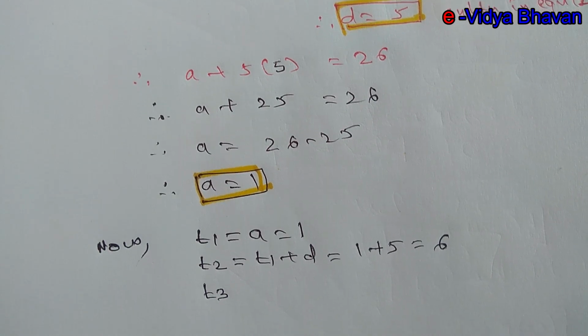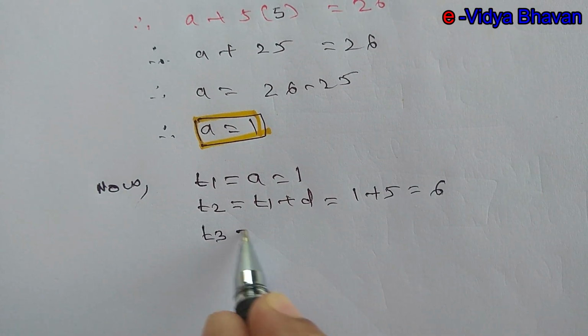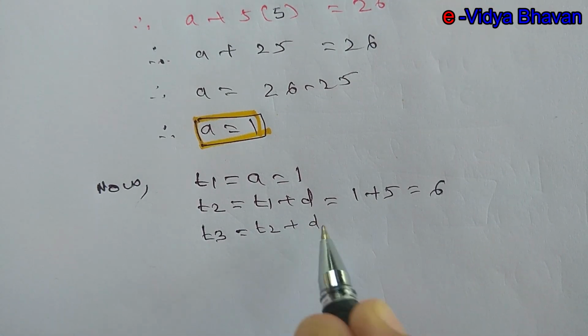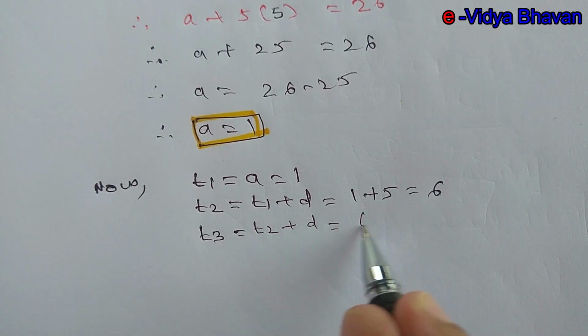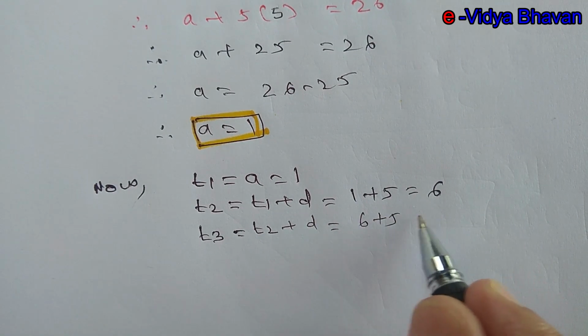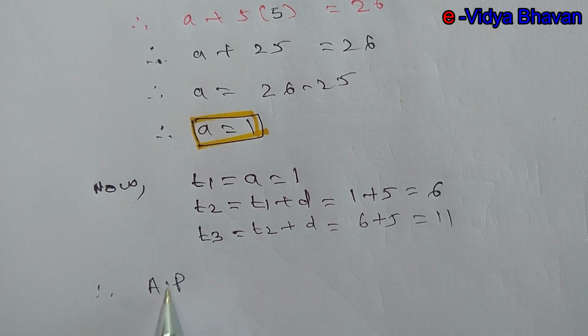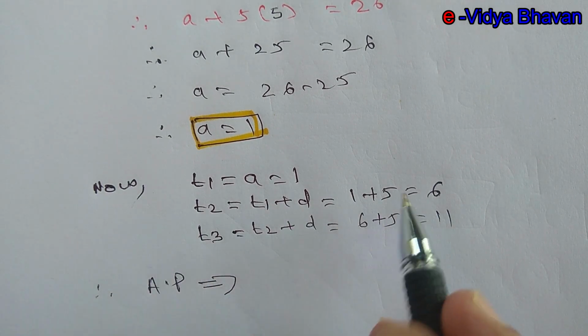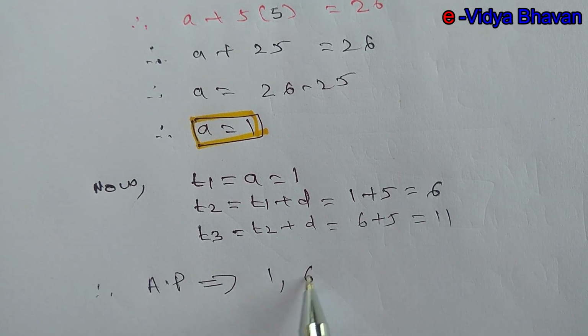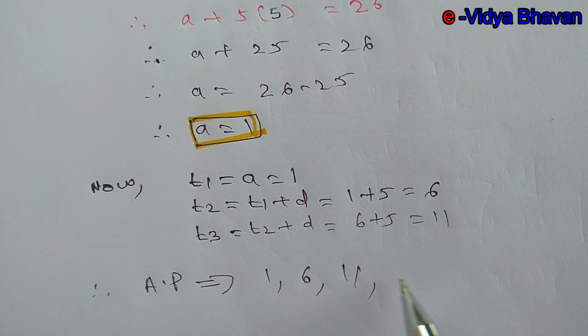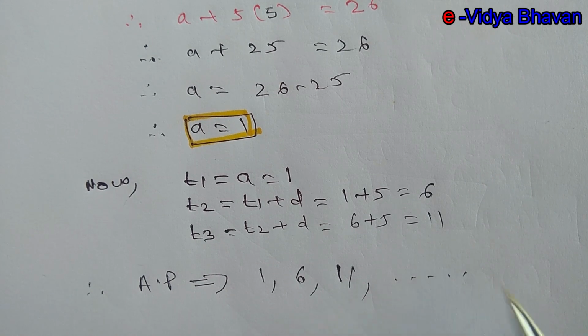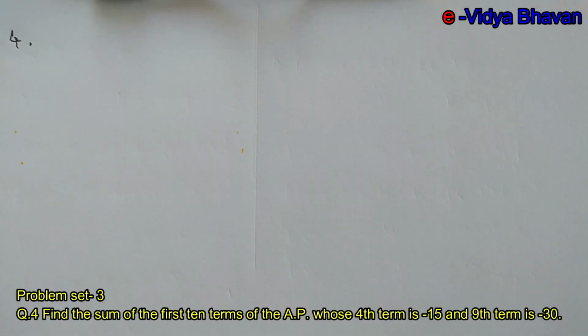T3 will be nothing but T2 plus d, that is 6 plus 5 equal to 11. Therefore, AP will be 1, 6, 11, and so on.